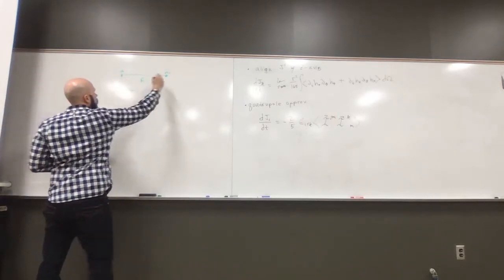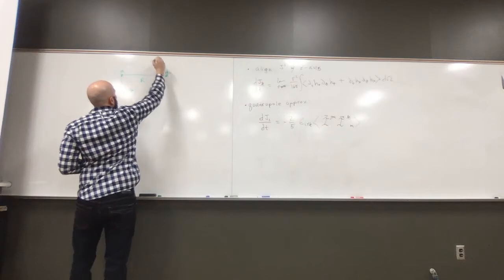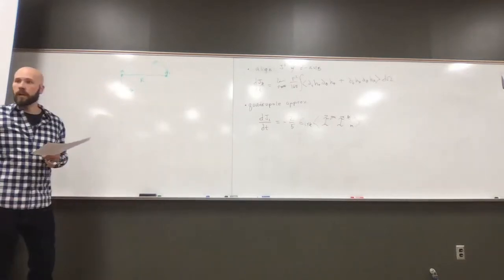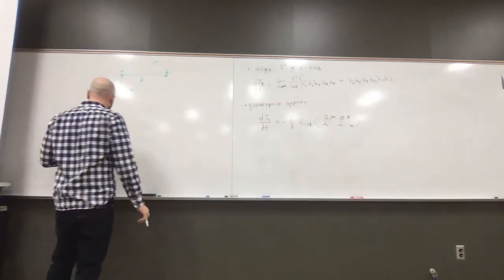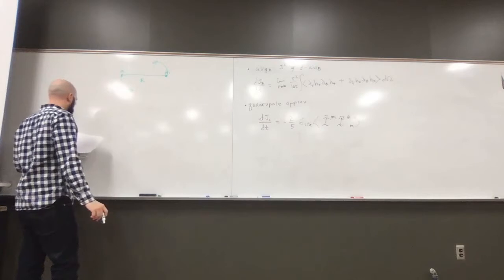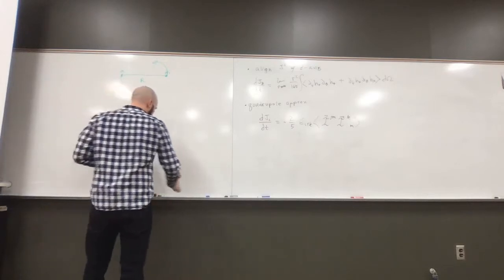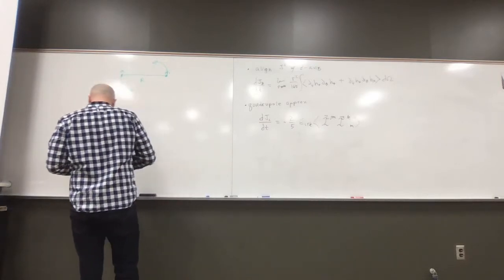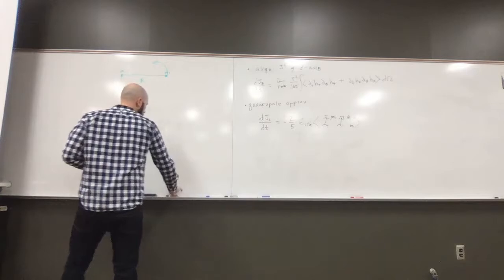Let's say it's a circular orbit going around each other like that. They don't necessarily have to be equal mass. We might make them equal mass, but they are simply two binary stars in orbit separated by some distance, capital R.